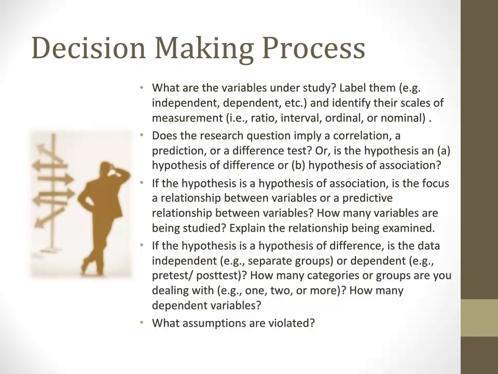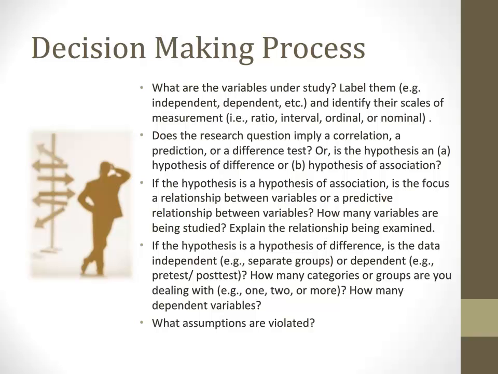The next question that you need to ask is, does the research question or hypothesis imply a hypothesis of difference or a hypothesis of association? Are you working with relationship or prediction, or are you working with difference? This will determine whether you're going to do a test that looks at difference or a test that looks at relationship.